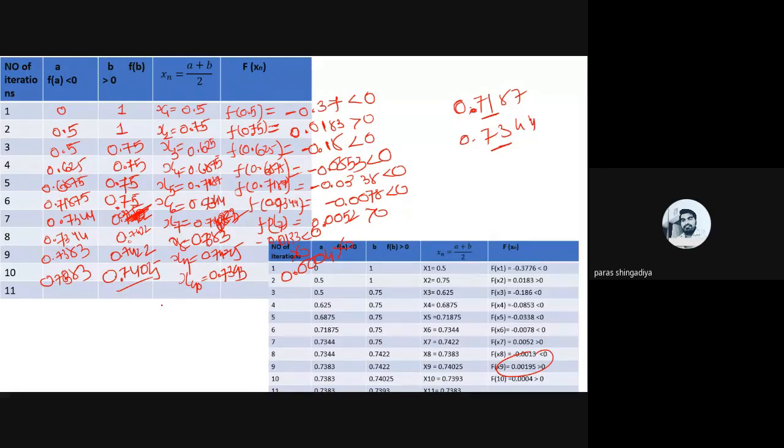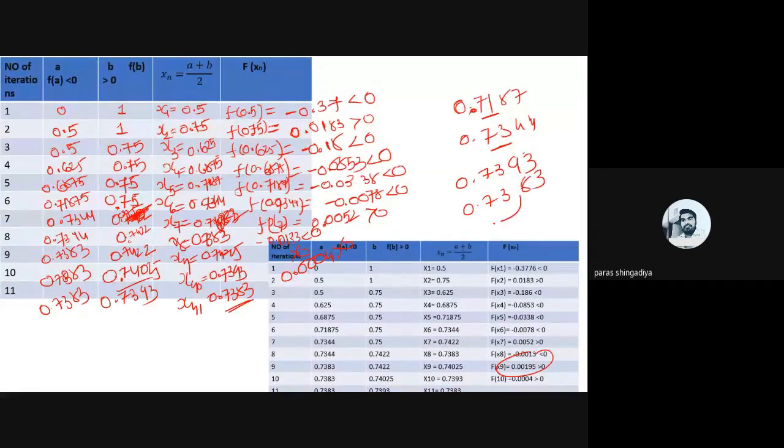It is positive, so replace this here with 0.7393 and here 0.7383. When we consider the average at x11, we get the answer 0.7383. Now just check x10 and x11. The answer of x10 is 0.7393 and the answer of x11 is 0.7383.